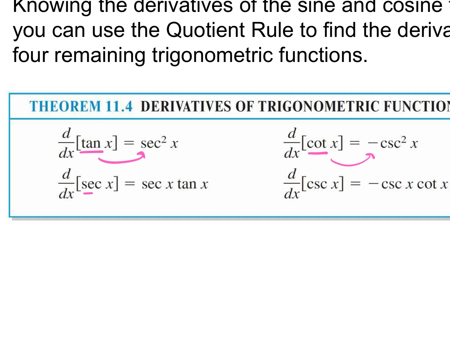The derivative of secant is secant times tangent, and the derivative of cosecant is negative cosecant times cotangent. And then the other two that we had were the derivative of sine was cosine, and the derivative of cosine was negative sine.